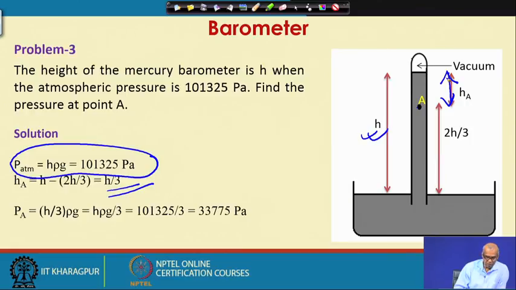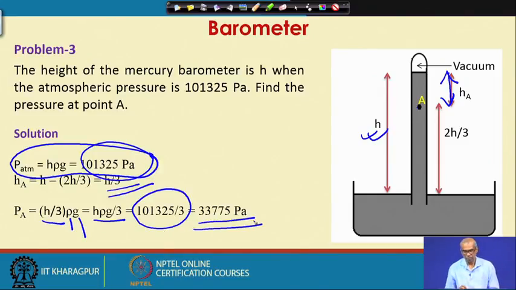So, H A is h by 3. So, h by 3 into density of mercury into acceleration due to gravity, which is rho g h by 3, rho g h is this term. So, 1/3 of that is equal to 33775 Pascal.